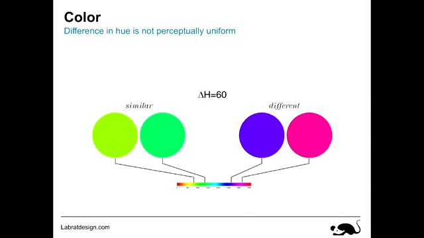So moving on to color, which is a hugely complex subject, but is very important when you are designing your visual data. A misconception is that moving up and down the color scale is uniform.